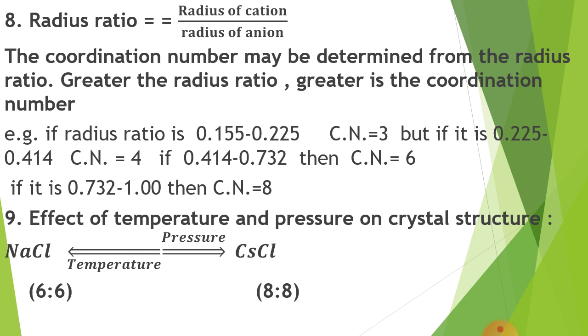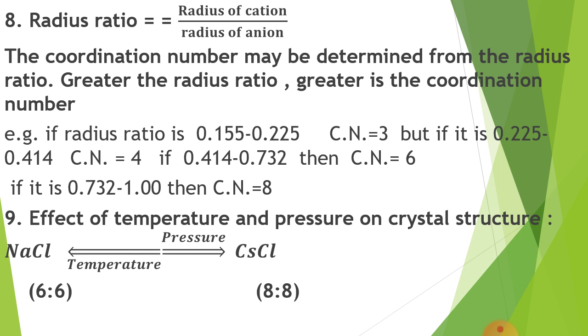So look at the ratio: the more the ratio, the more the coordination number. So maybe sometimes this type of question may be asked: a compound has this coordination number, so what may be the radius ratio? That type of answer you can find from knowing this point.